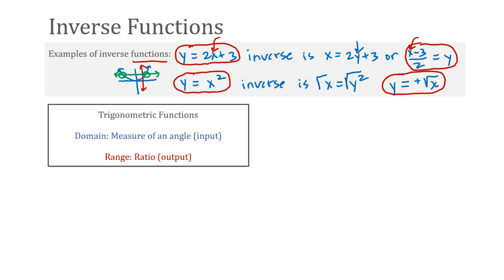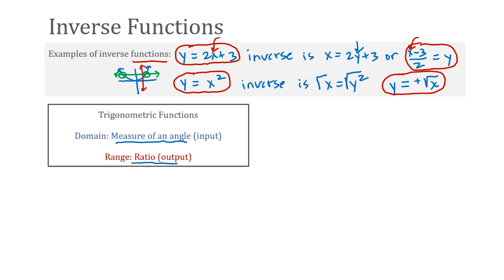So for trigonometric functions, the domain or the input always is the measure of the angle, right? We're going to have like the sine of theta or the cosine of theta, theta being that angle input. The range is the output. What pops out when we do that? You know, the sine of, say, 30 degrees.